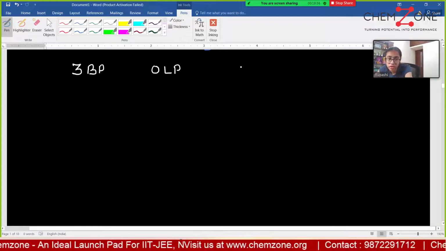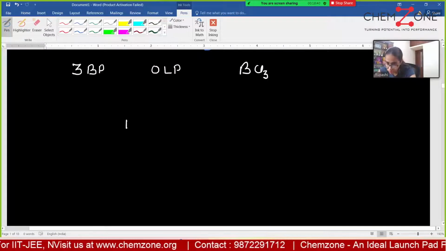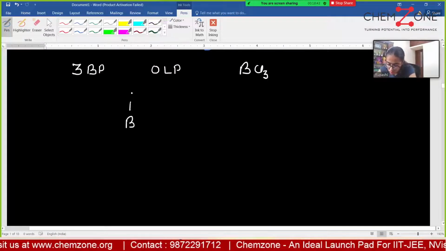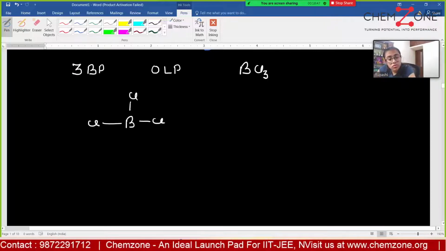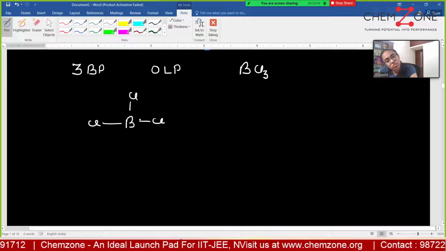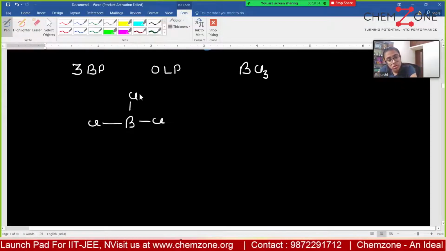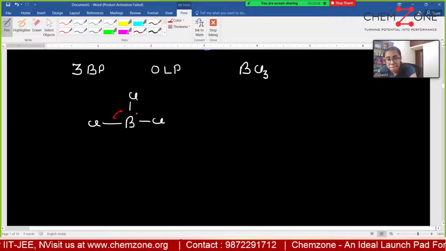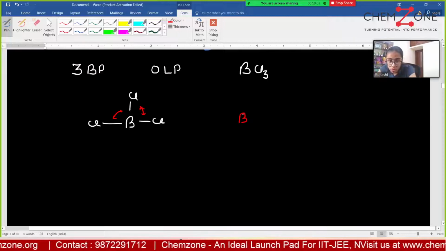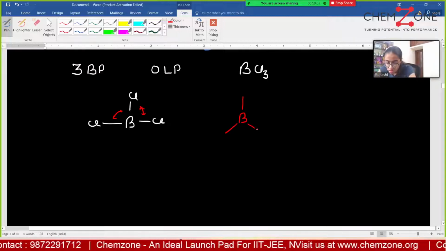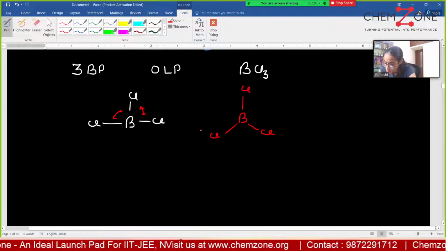For example, I am considering the example of boron trichloride. So this boron and 3 chlorines may be aligned like this, but at this angle, the 90-degree angle has high repulsion. So they will repel to the maximum, and in one plane they can be aligned at 120 degrees, because the total angle is 360 divided by 3.